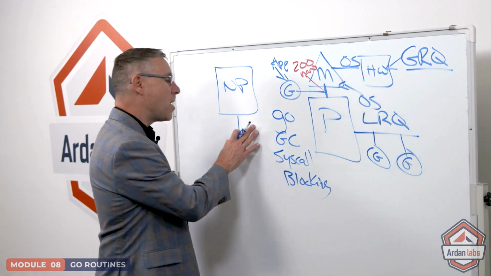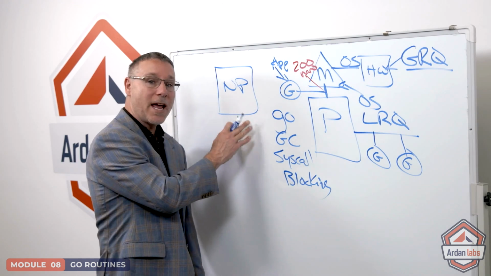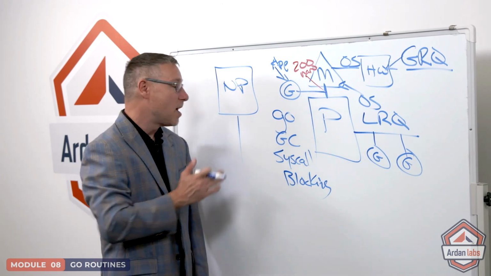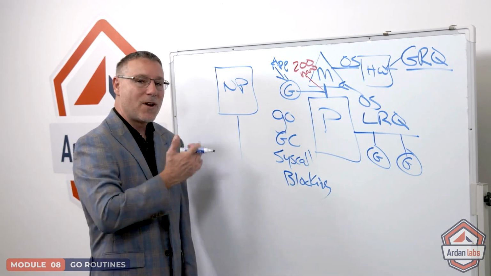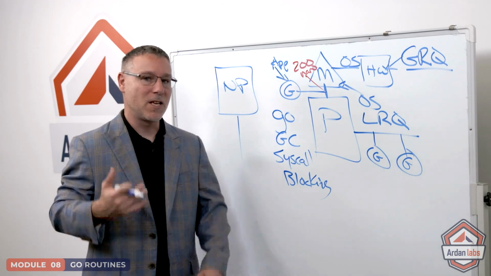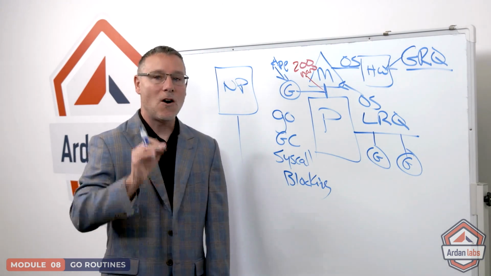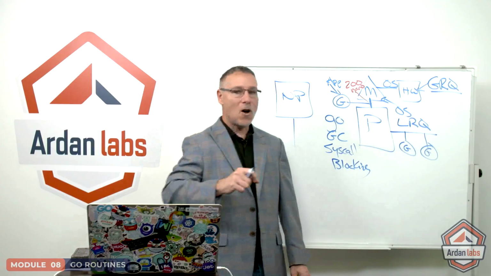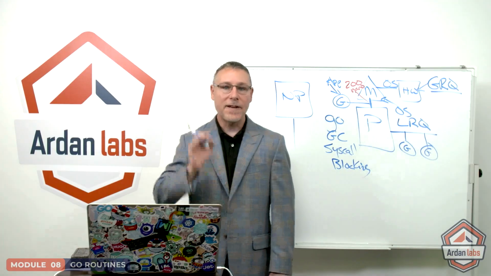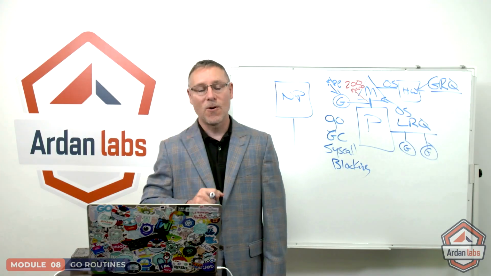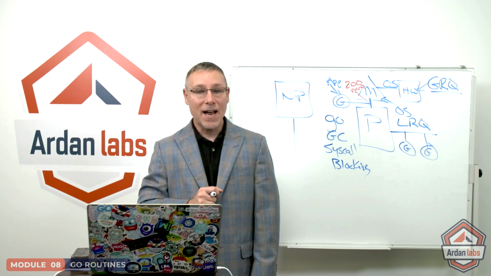And the network poller's job is to handle asynchronous system calls. And we call it the network poller really because the only asynchronous system calls we really work with today are the networking calls. All 3 operating systems have excellent support for that asynchronous networking.